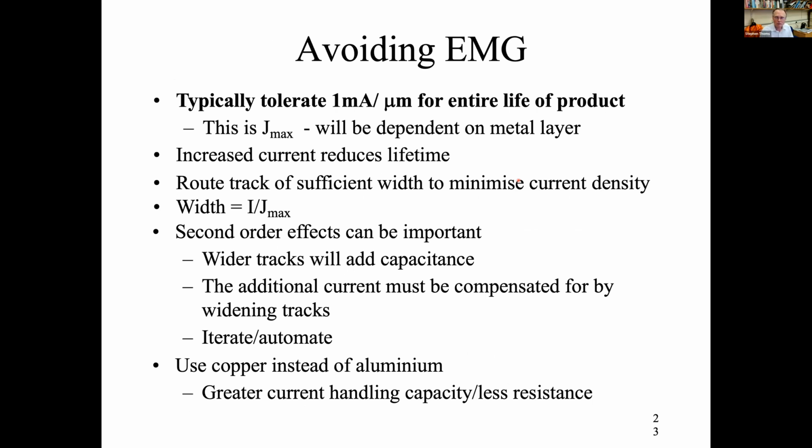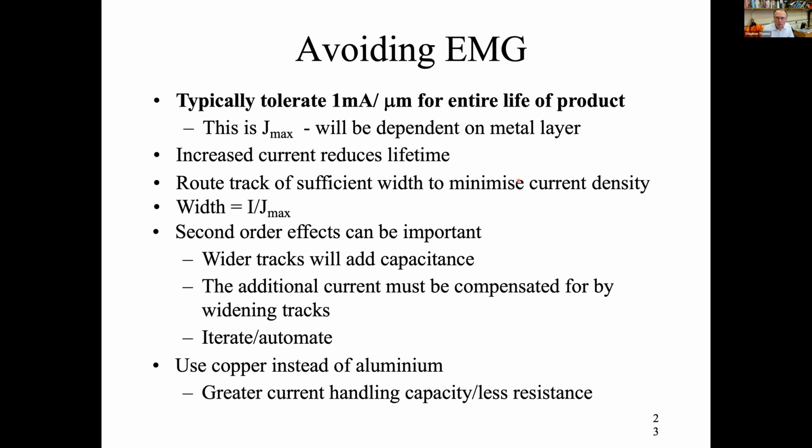So this number, 1 milliamp per micron, was typical for aluminium. Actually, for copper, it can be about 10 times higher, which is clearly a huge advantage. The reason it took a long time to move from aluminium to copper is that copper was much, much harder to process, but standard processes are copper now.